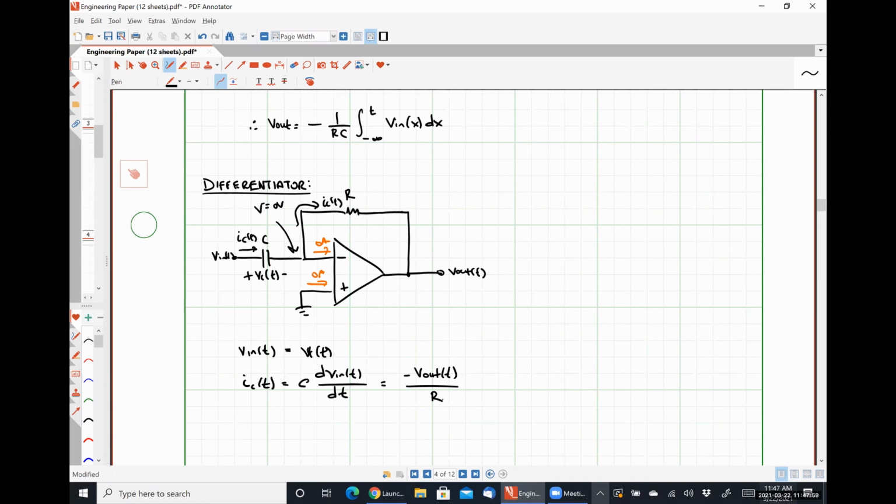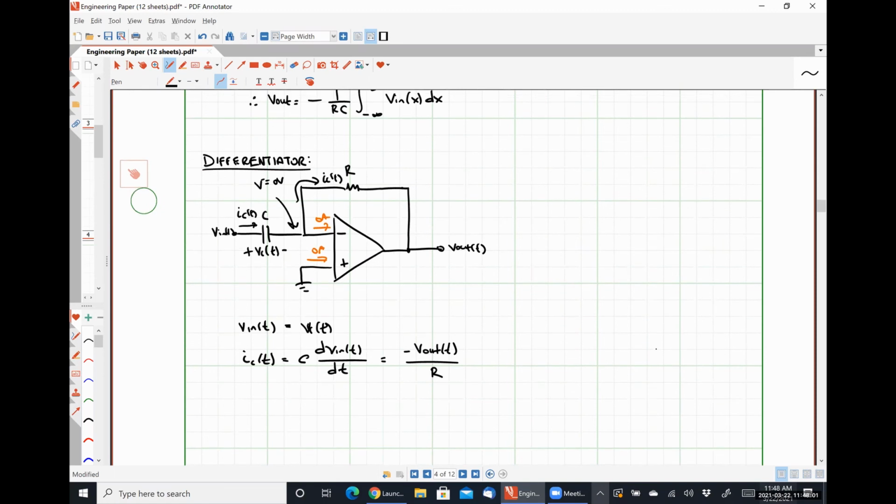And then I can rearrange that, and I get V out as a function of time is negative RC dV in by dt. And so this circuit gives us a derivative-based relationship between our output signal and our input signal.